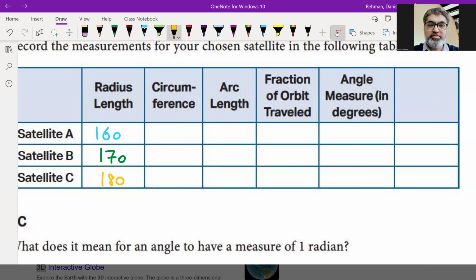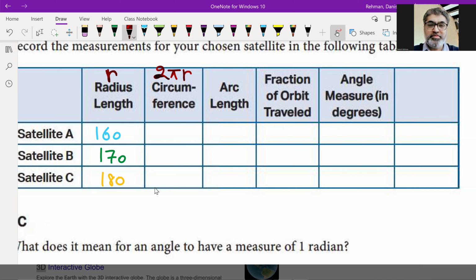What did I give you? Every single time, these are the radius, so I will put an R over here. R stands for the radius. For each of these, try to find out the complete orbit, which is the circumference. What is the formula for the circumference? The formula is 2 pi r. And for each of these, I have given you the r.